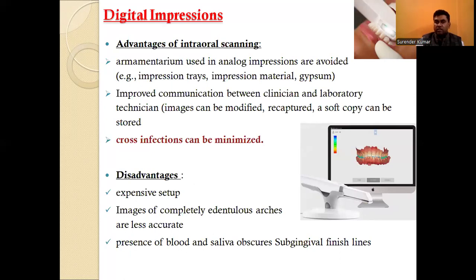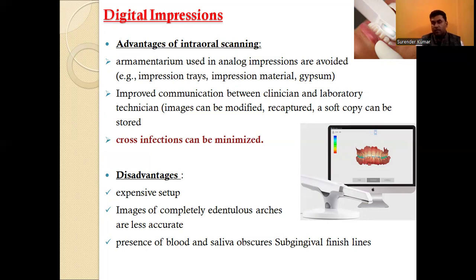Nowadays, digital impressions have come. The advantages of intraoral scanners are that the armamentarium which you use, like impression trays, impression material, and gypsum, has all been eliminated. There is improved communication between the clinician and the laboratory technician. That means the images can be modified, recaptured, a soft copy can be stored, and it can be sent to the laboratory very fast, and cross infection and cross contamination are minimal.